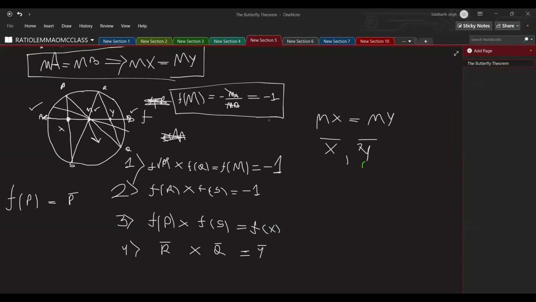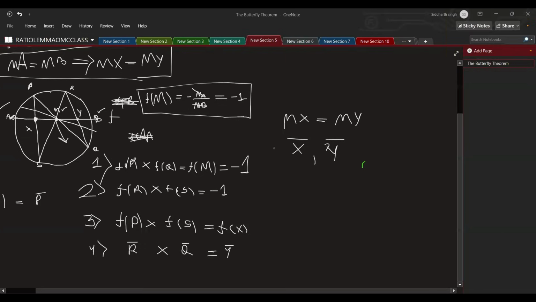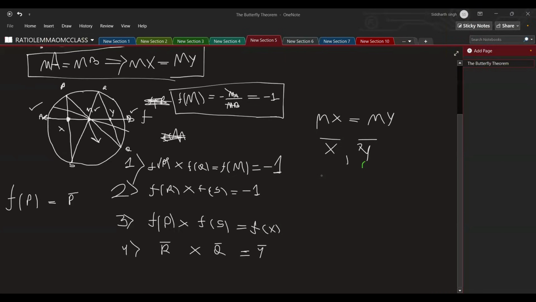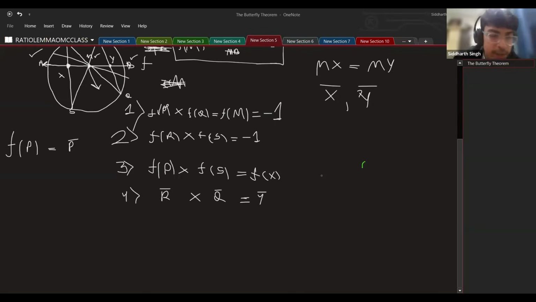x bar is equal to 1 by y bar. I said x bar is equal to 1 by y bar. Yes, very good. That's the answer.